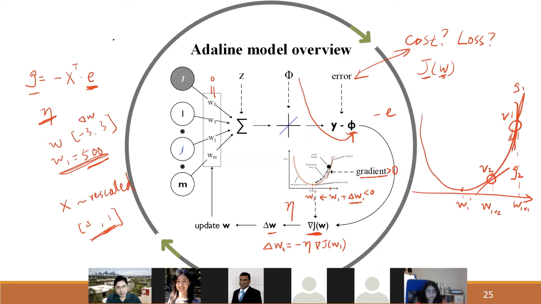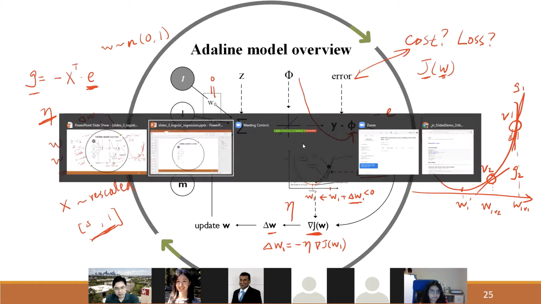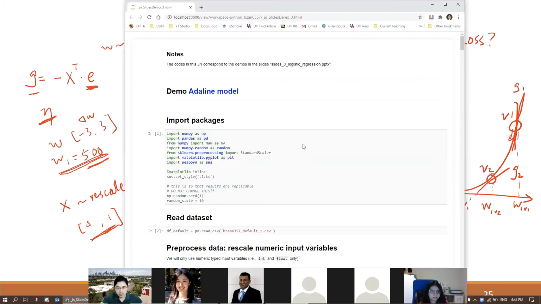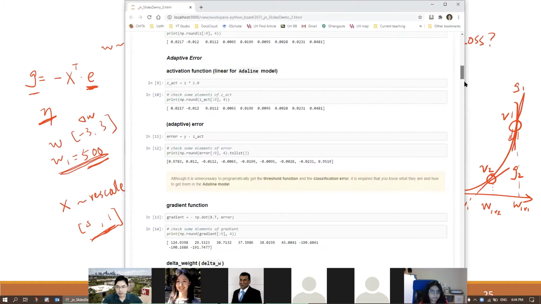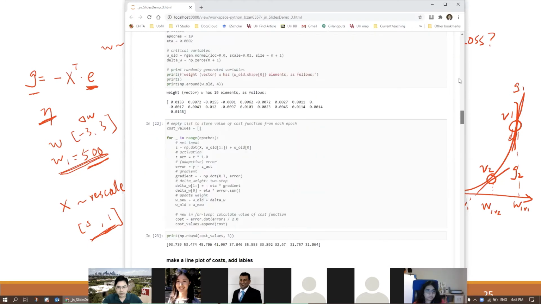In theory, we draw weights from a standard normal distribution with 0 mean and 1 standard deviation. In terms of implementation, you can take a look at the initialization step.